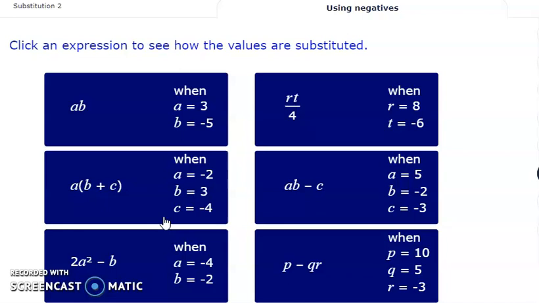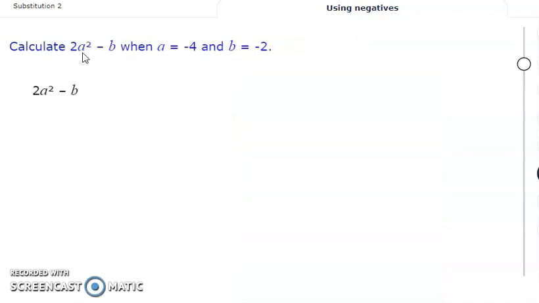What I will do is take 1 or 2 questions from here and explain. So let me take this question. Calculate 2a square minus b when a is negative 4 and b is negative 2.